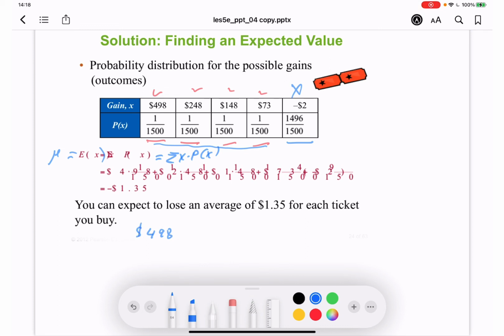That's the value of our x, and we multiply by its probability, which is 1 out of 1500.